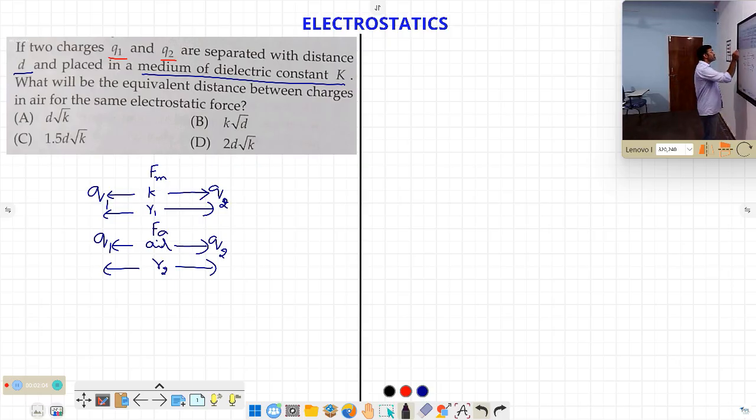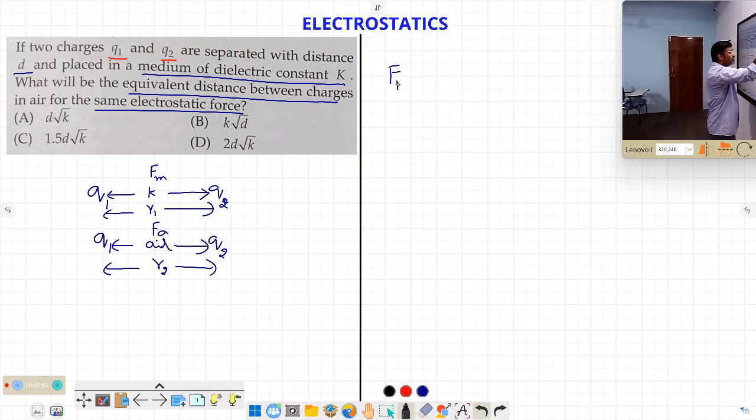The condition is that we have to find the equivalent distance between the charges in air for the same electrostatic force. Same means equal. So I can say simply that the electrostatic force between the two charges in the medium is equal to the electrostatic force between the two charges in air.